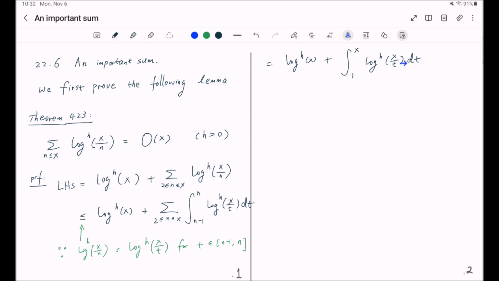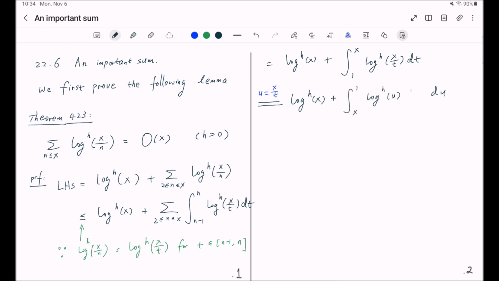Now, in order to give this guy an estimate, we're going to perform a U substitution, as in first year calculus, with U equal to x divided by t. Now, when t goes from 1 to x, U will go from x to 1.